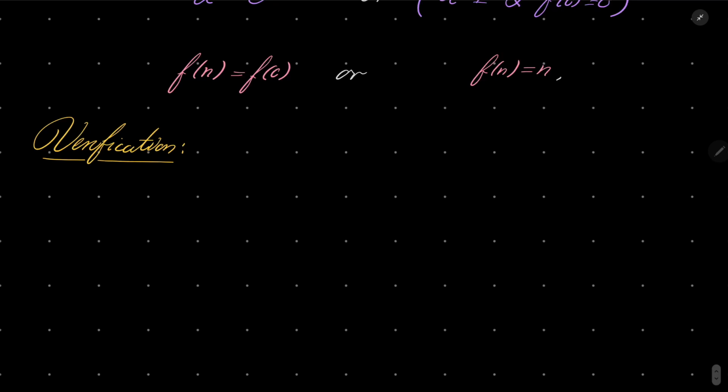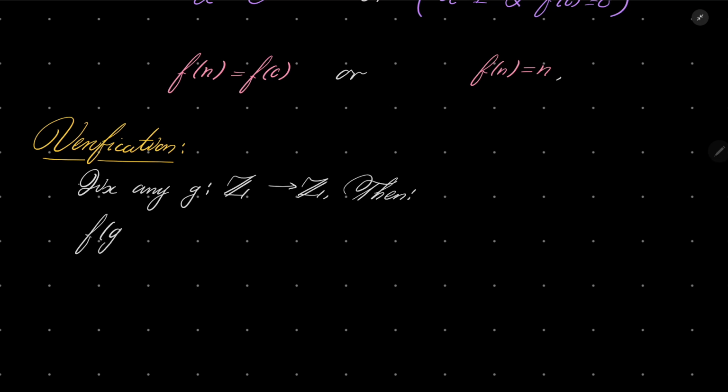Fix any function g from the set of integers into itself. Then we have the following: f of g of n minus g of f of n.